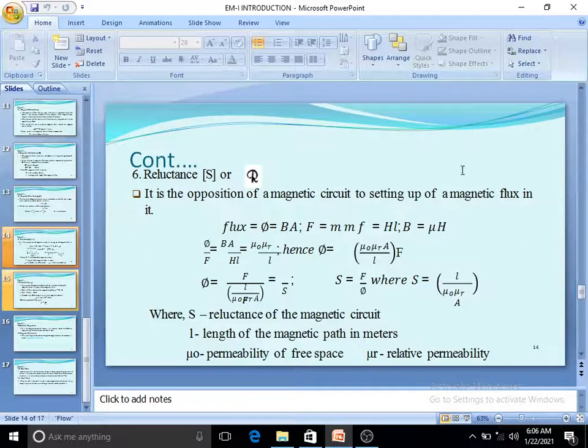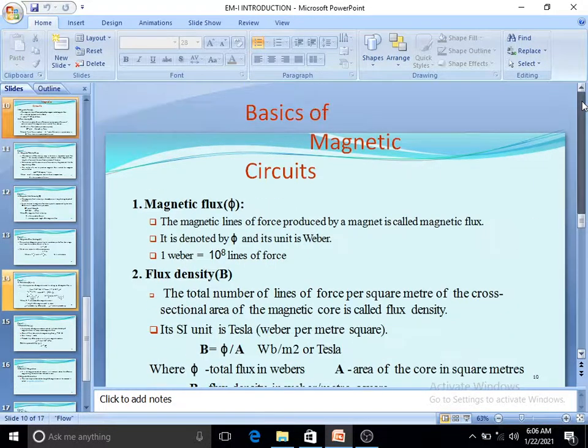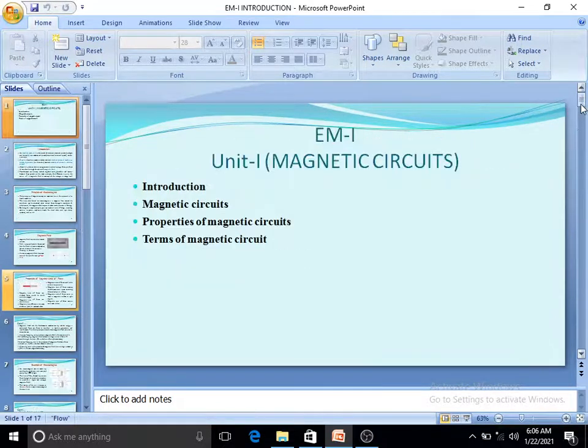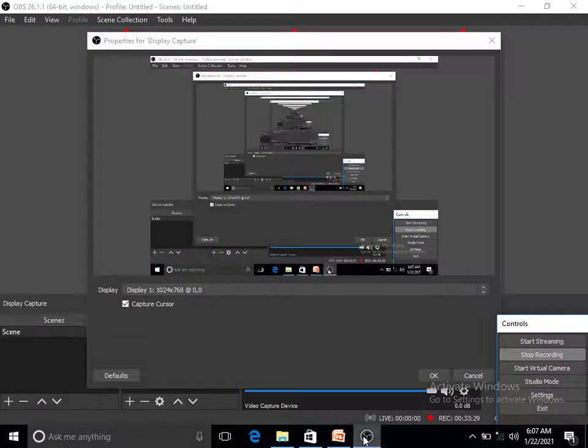We covered the concept of magnetic circuits: the introduction and properties of magnetic circuits, and the principles which we use in the transformer, DC motor and DC generator, as well as the terminology related to magnetic circuits: flux, MMF, flux density, magnetic field intensity, reluctance, and permeability, and the terms magnetic saturation and residual magnetism. These are the topics we have covered till now.